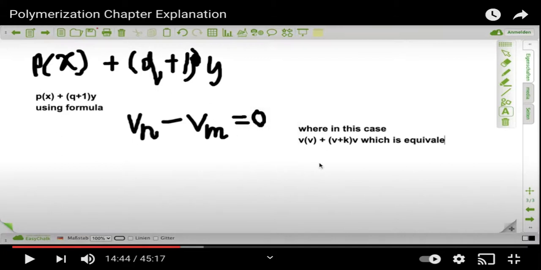To summarize, this topic is about when you add two polynomials p of x and p of y, it forms an identity. And to prove it, use p equal to x plus y.